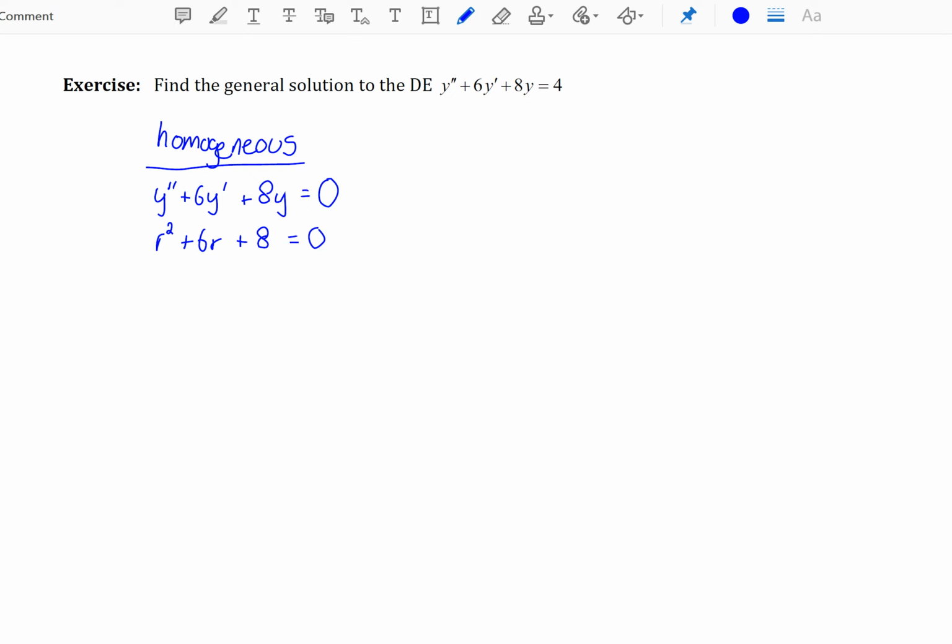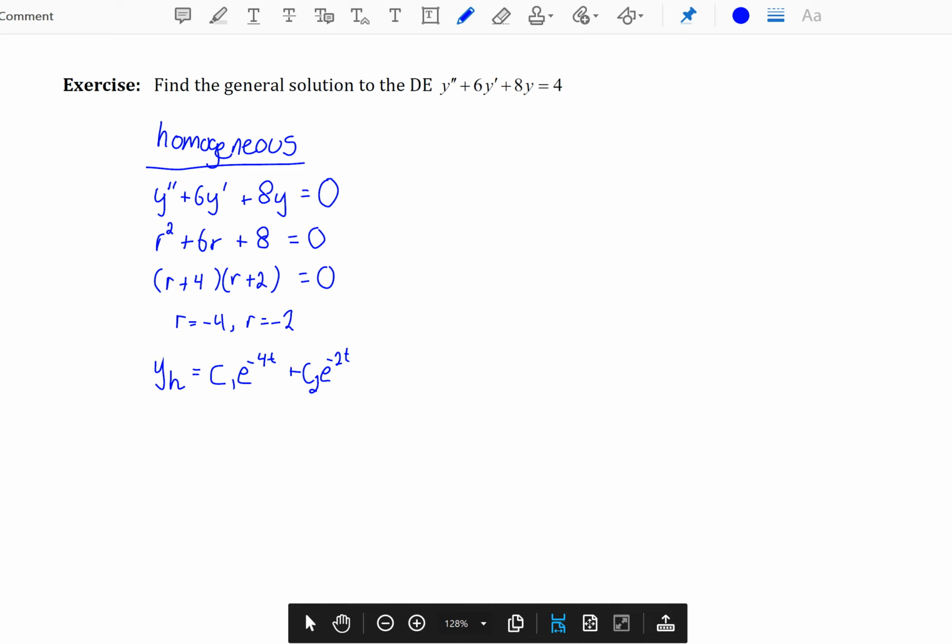It doesn't have to be factorable, but in this case it is factorable, and we can factor this quadratic as r plus 4, r plus 2, which gives us two solutions for r and a solution for our homogeneous equation of c1e to the negative 4t plus c2e to the negative 2t. This is our homogeneous solution.